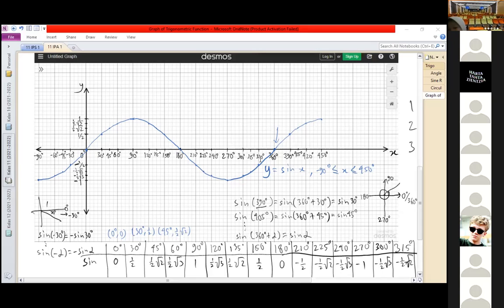If not, then at least one of the graphs. So tomorrow we will use the graph to try to solve equations, and also graphing other functions.